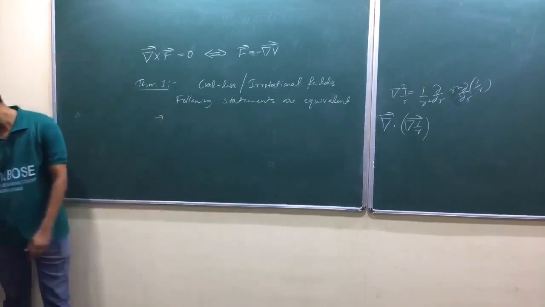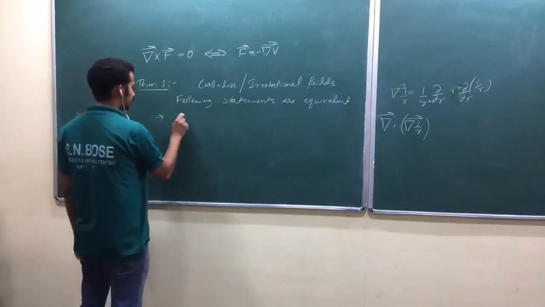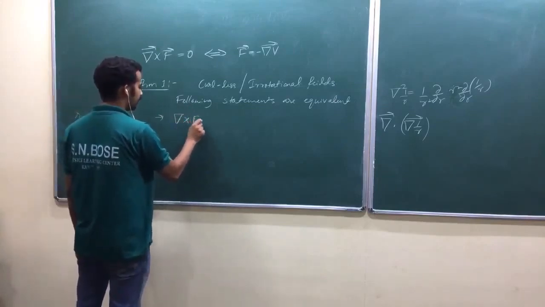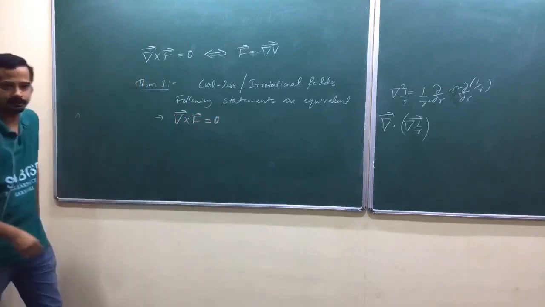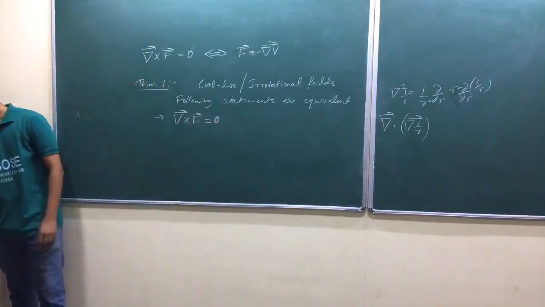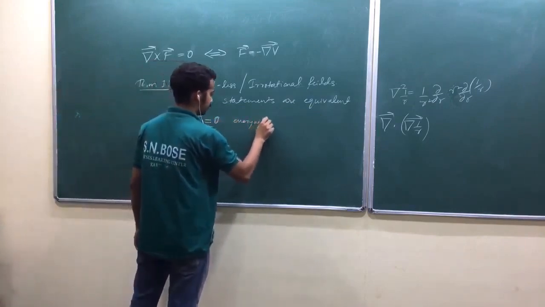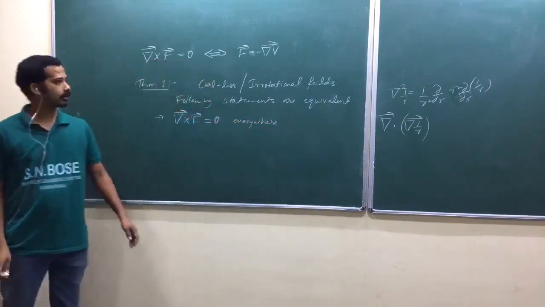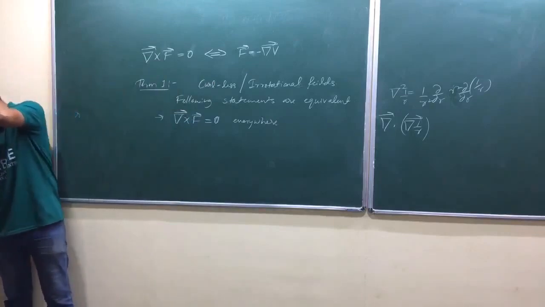So first statement. Obviously, curl-less or irrotational field means curl should be equal to 0 everywhere, okay?